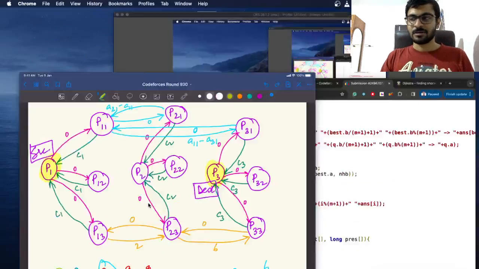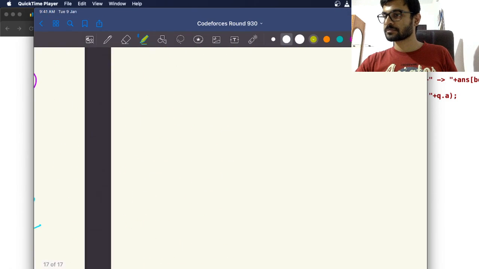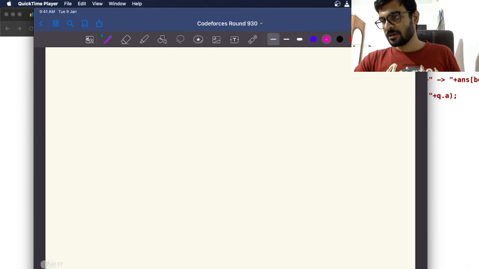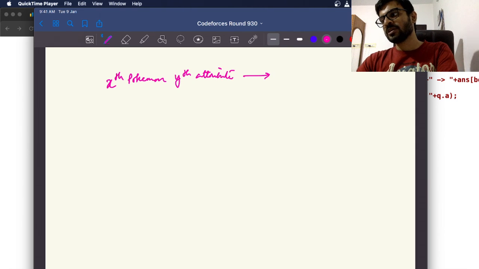And so for a of, you can say for the xth Pokemon, yth attribute, I'm basically storing it as x into m plus 1 plus y.